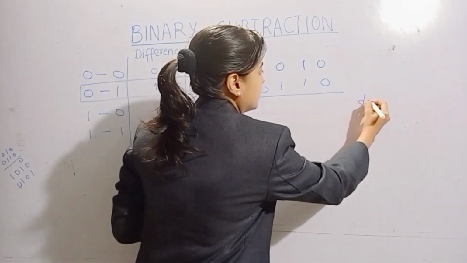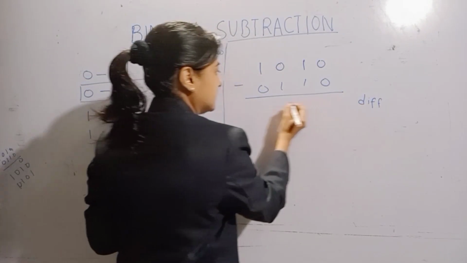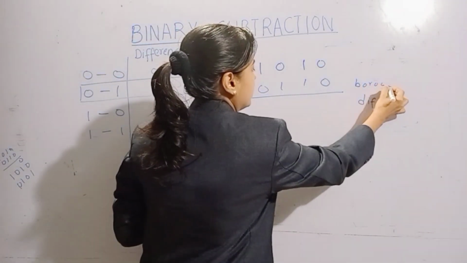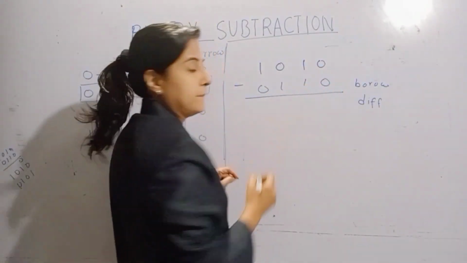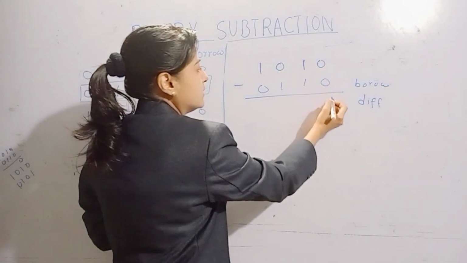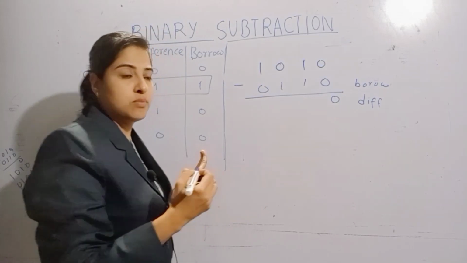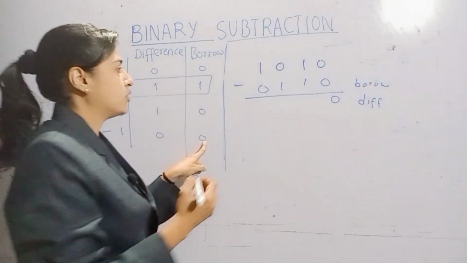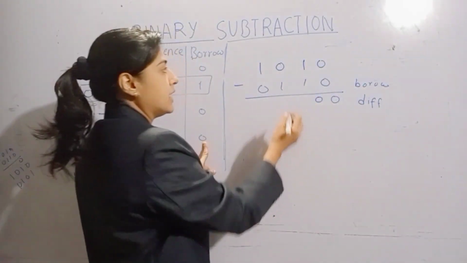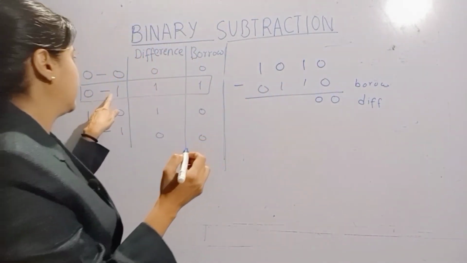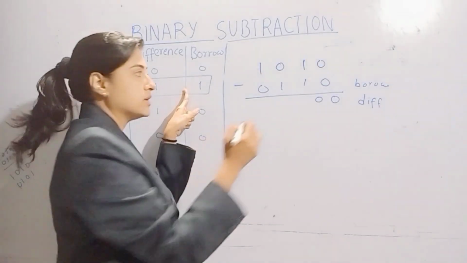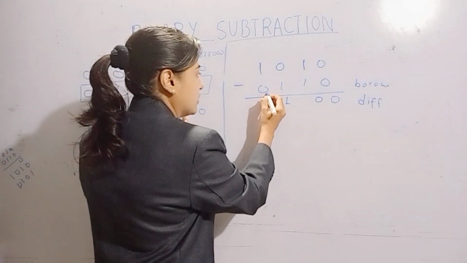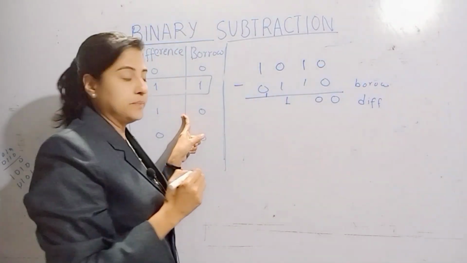Whenever we do the subtraction, we write the difference here and we write the borrow in this space. So 0 minus 0, difference is 0, borrow is also 0. 1 minus 1, difference is 0, borrow is also 0. Now 0 minus 1. In this case, the difference is 1 and borrow is also 1. So I write the borrow here at this space.